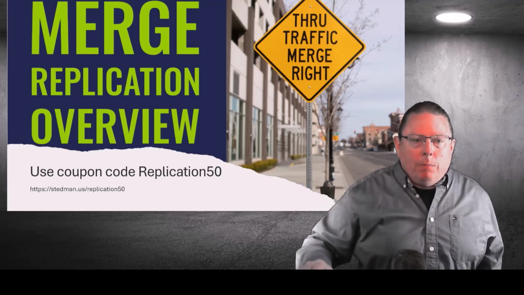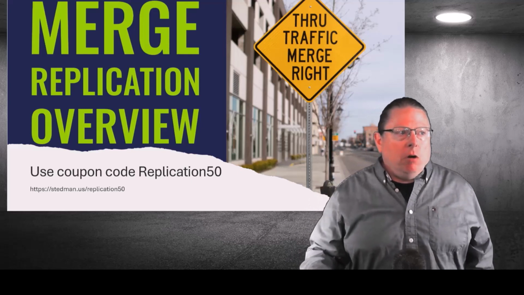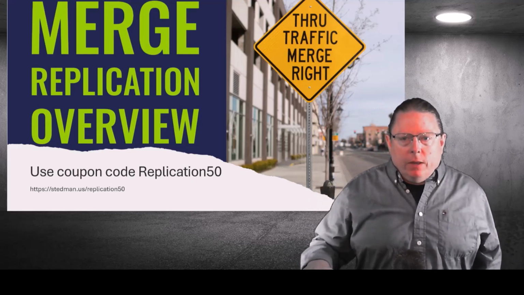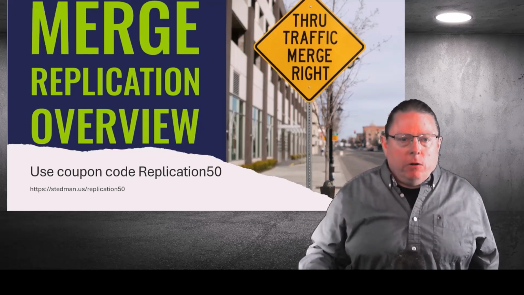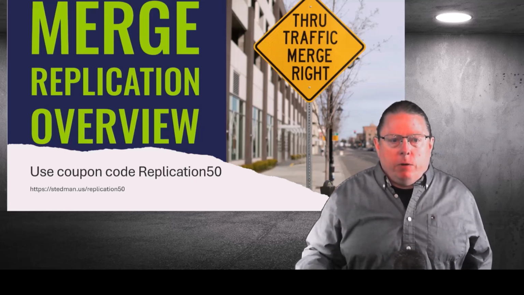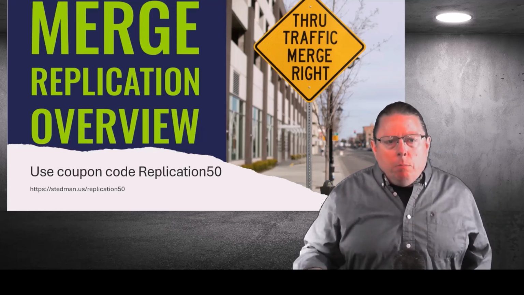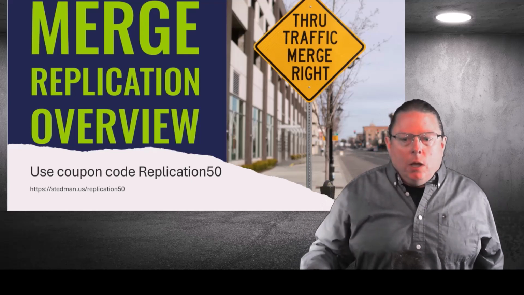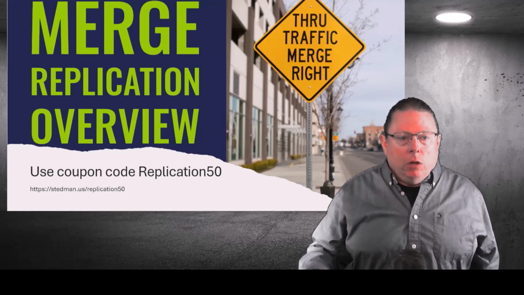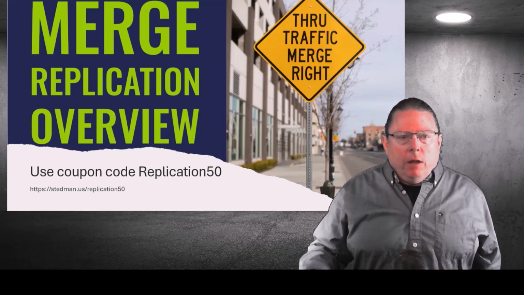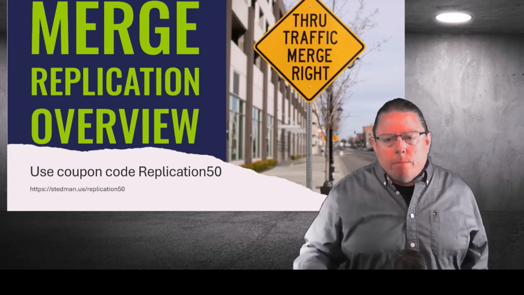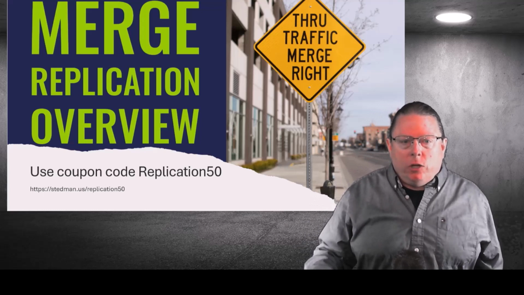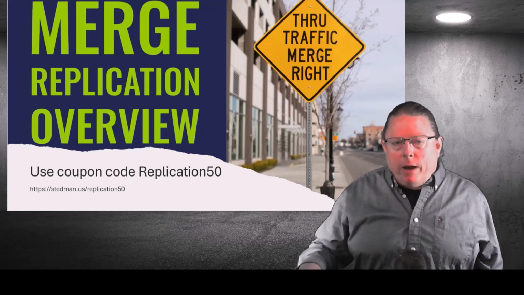The other thing to keep in mind with merge replication, I mentioned that there are changes to the tables. There's usually a row GUID put in there, or a unique identifier to identify every row. But merge replication also works by putting triggers on the tables. Generally, I think there are 2 or 3 triggers that get put there to catch any type of changes and then track those changes.